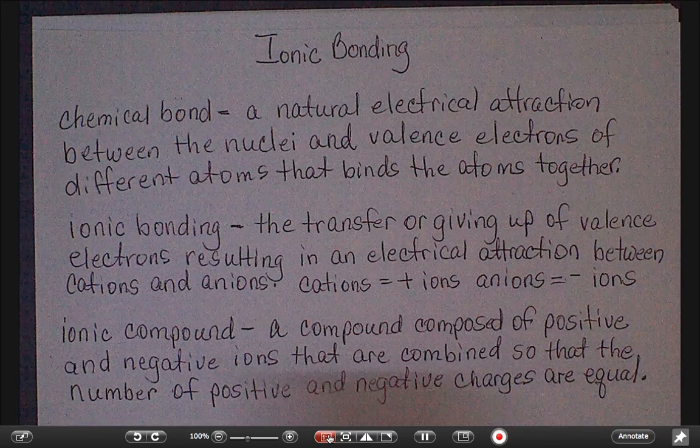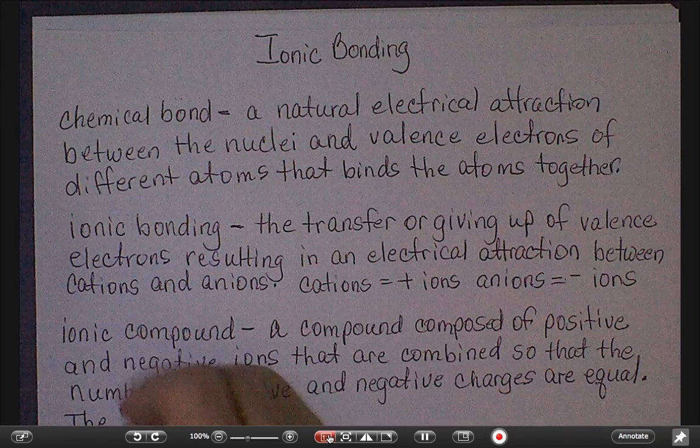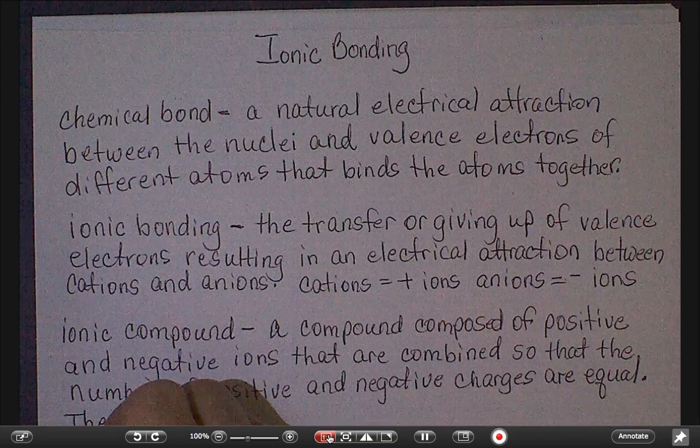What does that mean? The sum of the charges? It's becoming neutral.